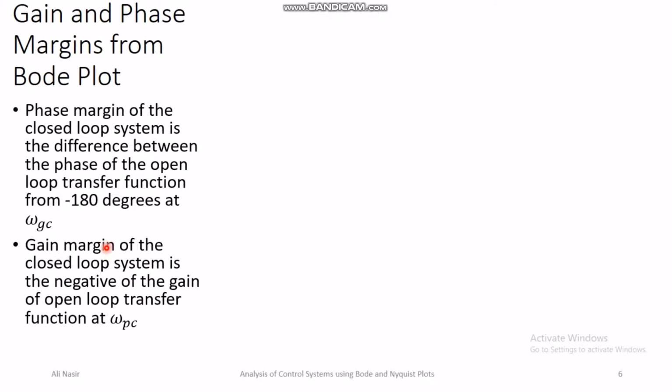Then the gain margin of the closed loop system is the negative of the gain of the open loop transfer function at the phase crossover frequency. So in order to determine the phase margin, you look at the gain crossover frequency, and in order to determine the gain margin, you look at the phase crossover frequency. At the value of the phase crossover frequency, you look at the gain. If the gain is already negative, then it means that the closed loop system is asymptotically stable and there is some positive gain margin.